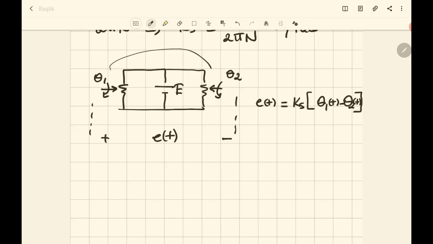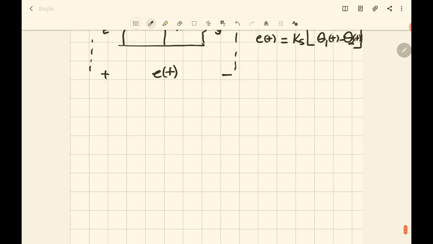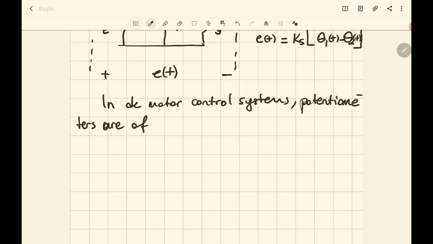In DC motor control systems, for example, potentiometers are often used for position feedback.